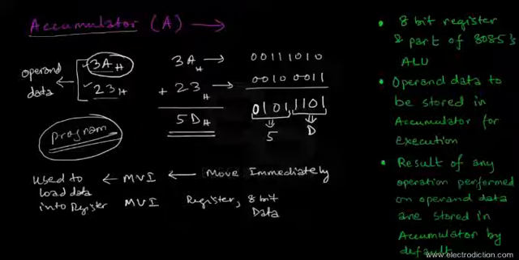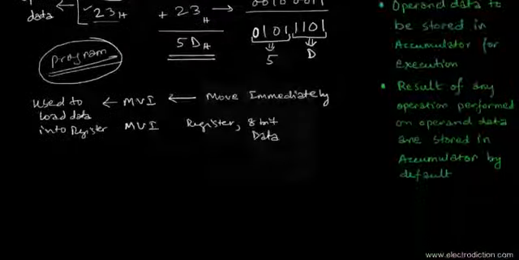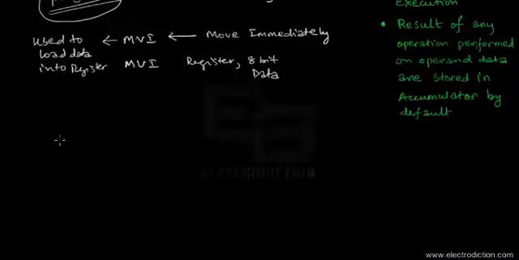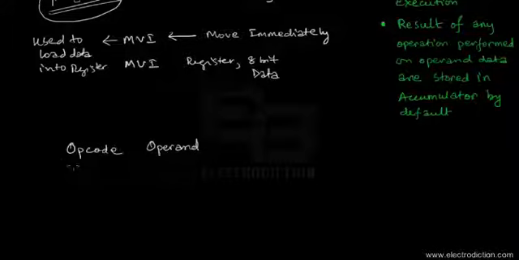Alright, so we're going to use this instruction to load data into the accumulator first. Let's do it this way. We're going to make two columns over here: opcode and operand. Opcode refers to the instruction, and operand refers to the data that you're supplying along with the instruction.